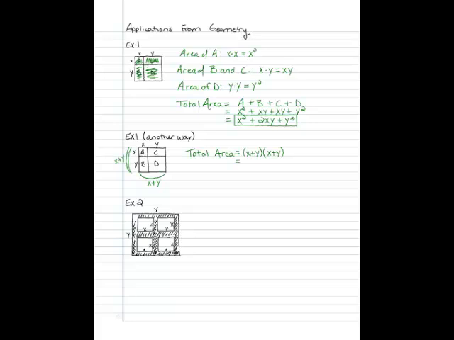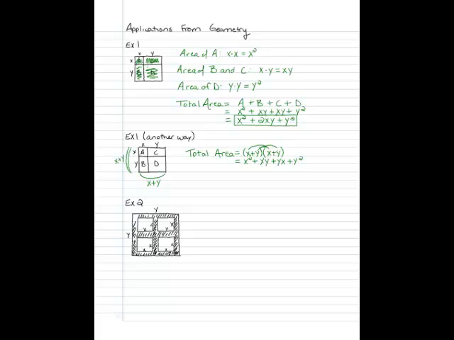Multiplying these together, we have x times x is x squared. X times y is xy. Now do the same here. Y times x gives us yx. Y times y is y squared.